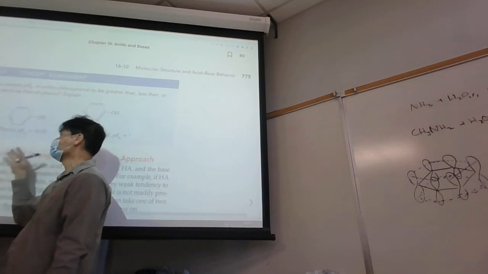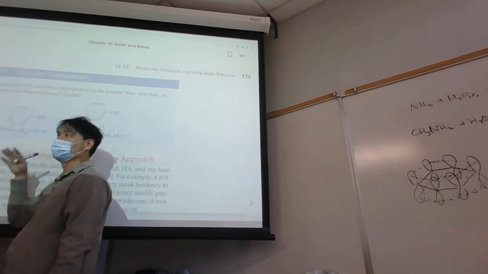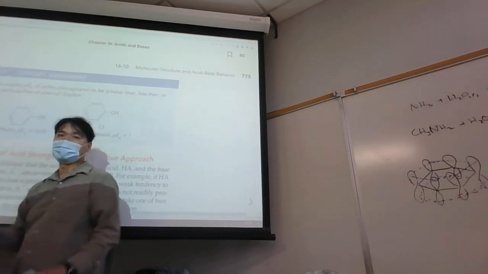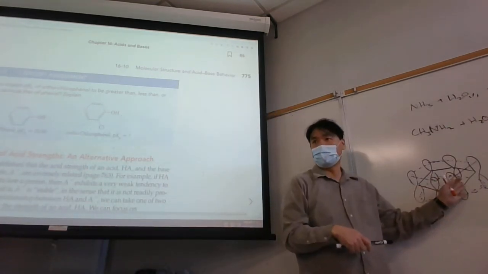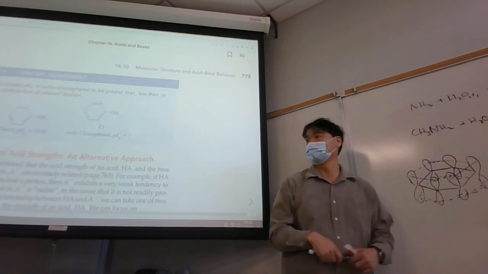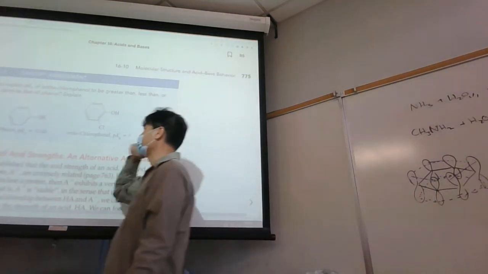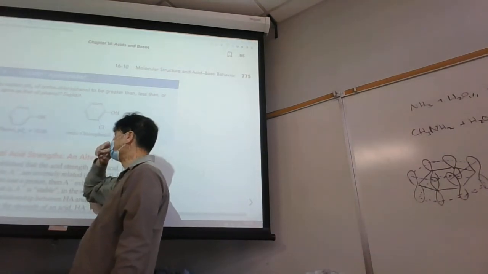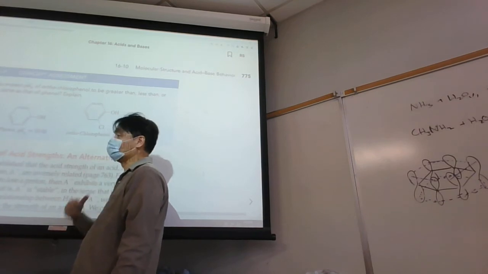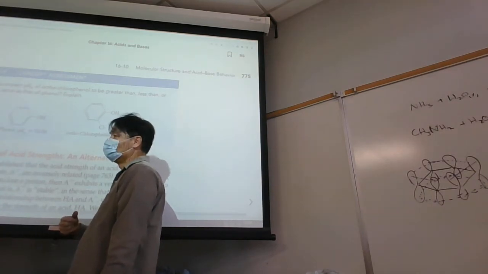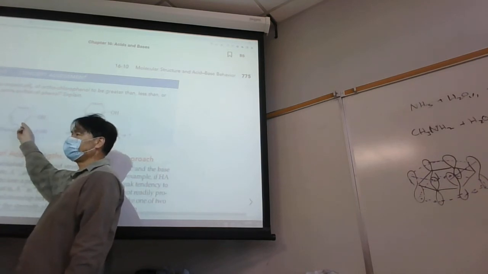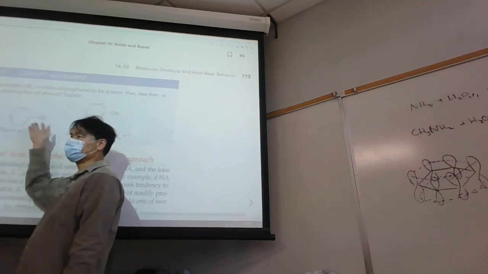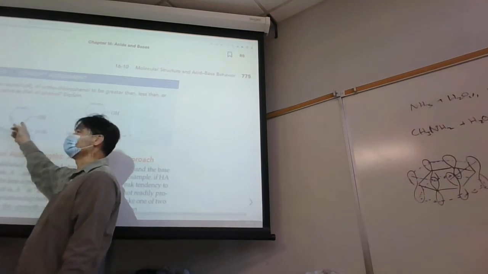If you recall, the bonds are a bit stronger than what would be predicted based on just having a bond order of 1.5, because of this conjugation.